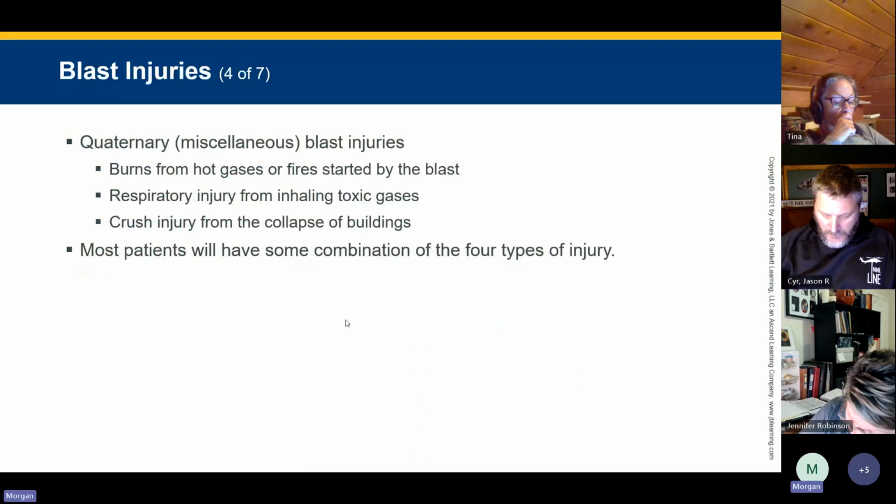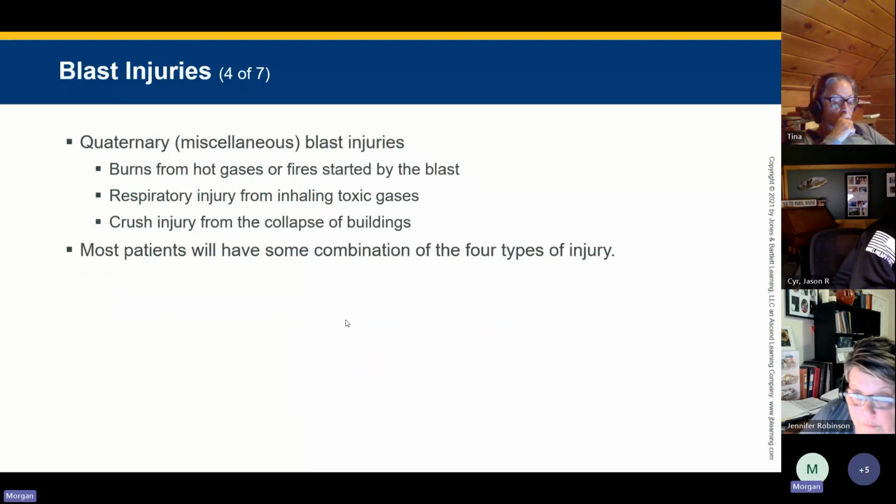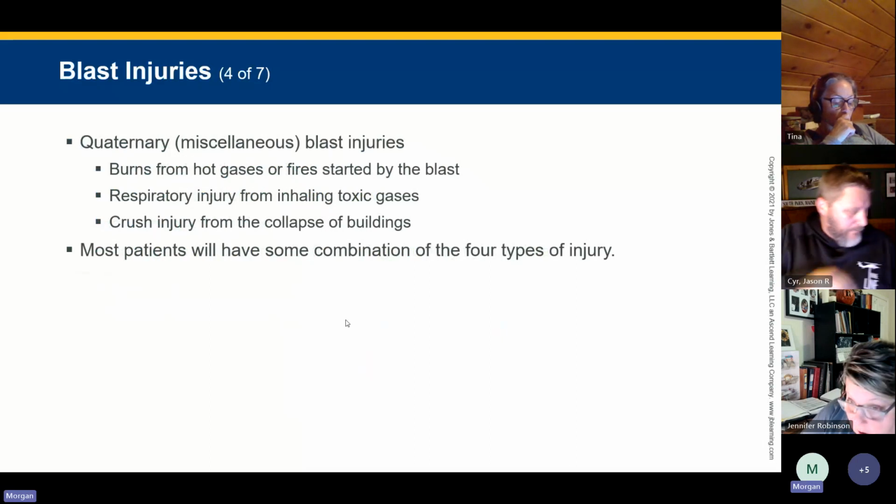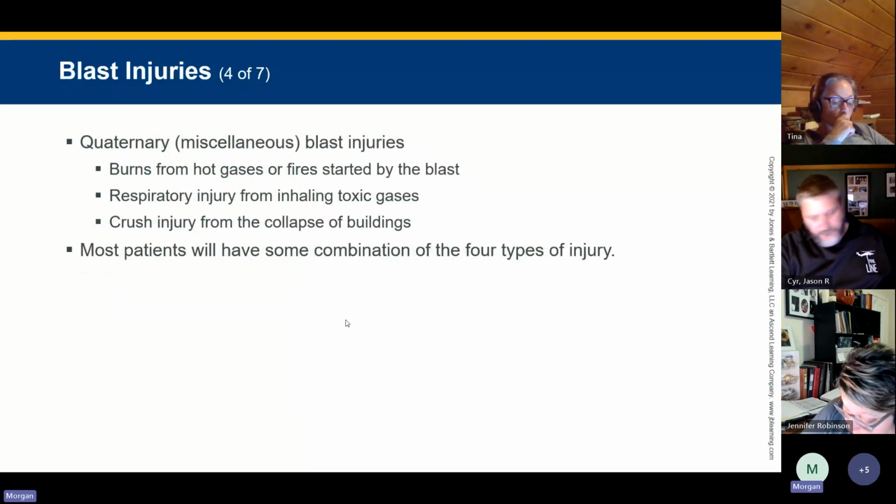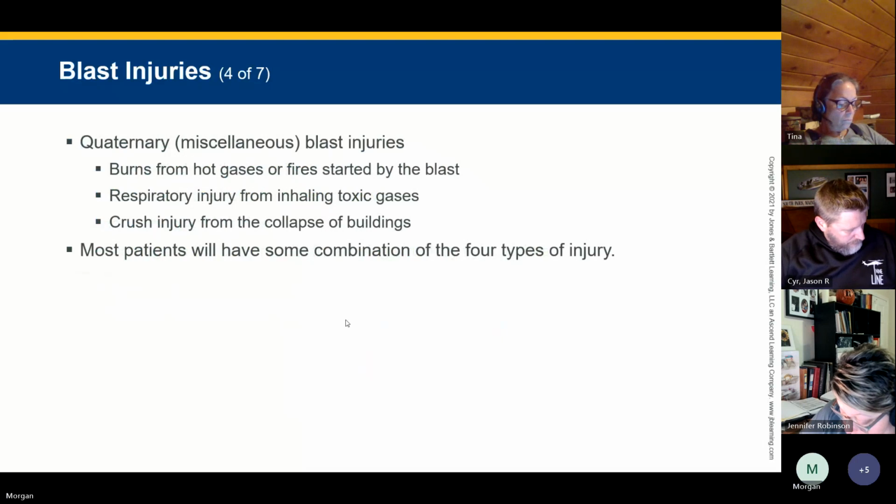Quaternary blast injuries, burns from hot gases, respiratory injuries from inhalants, and crush injuries, like if buildings or whatever fell on people. Most patients have a combination of the four types of injuries, in varying degrees, depending on the injury or the blast type.